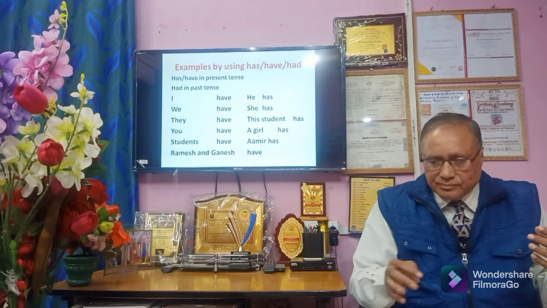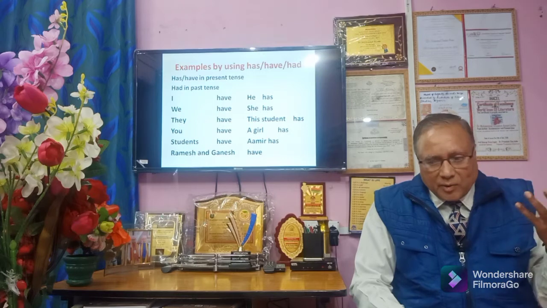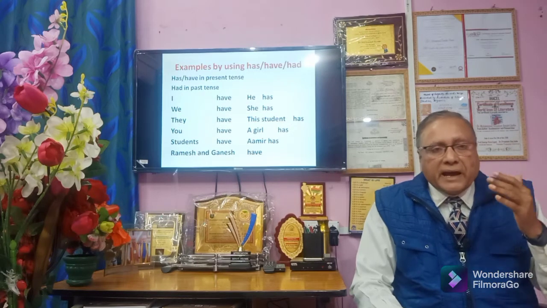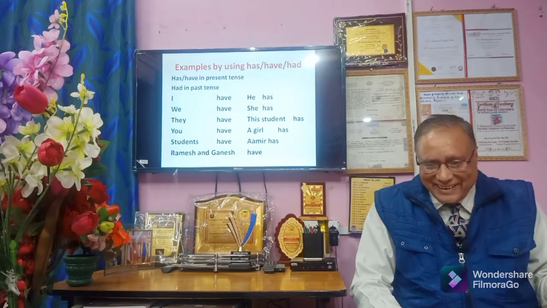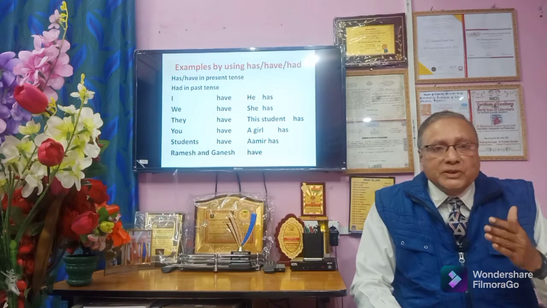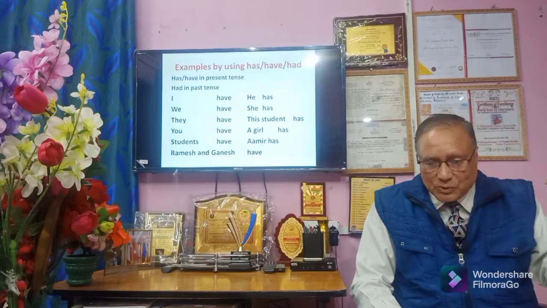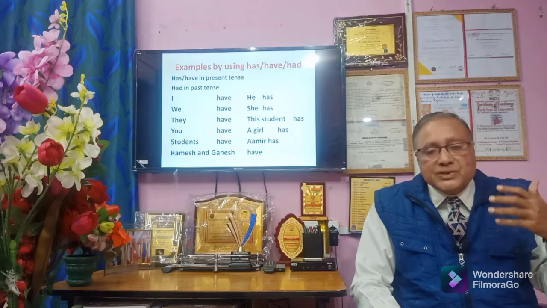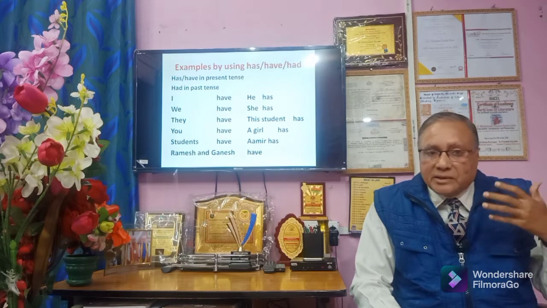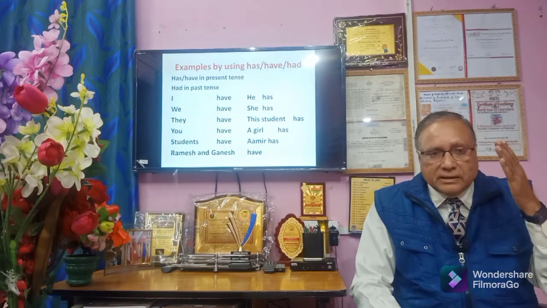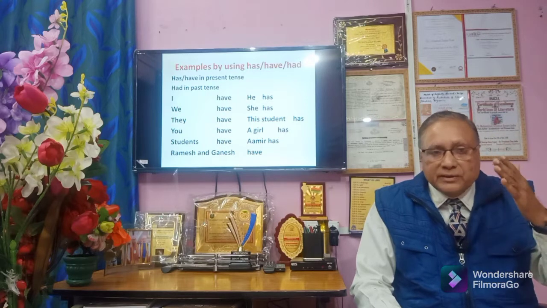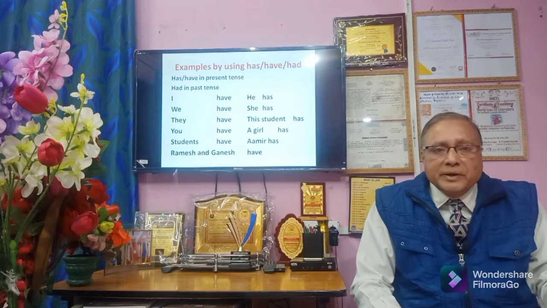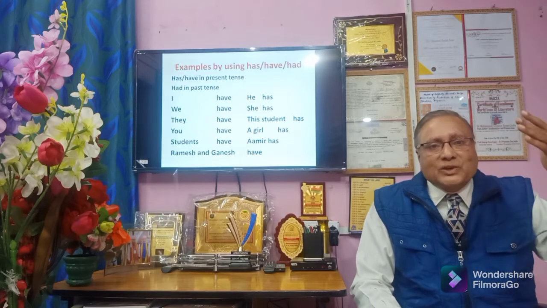Now, I have already told you that you use have with I, with we, with they, with you, with plural nouns like students, girls, boys have, and Ramesh and Ganesh have. And it must be clear to all of you that has is used in sentences, whether affirmative, negative or interrogative.